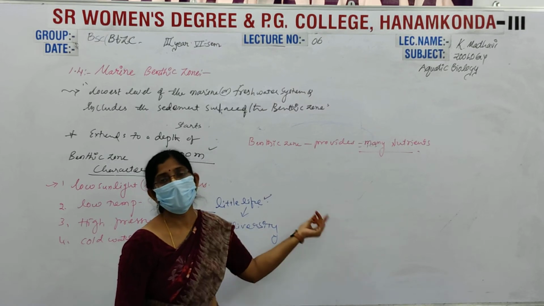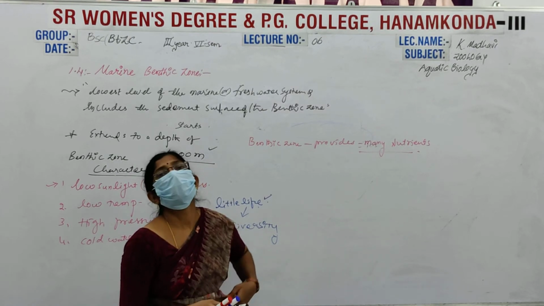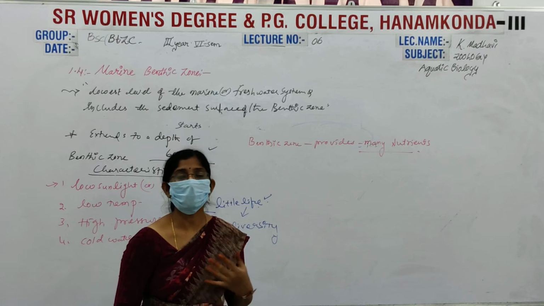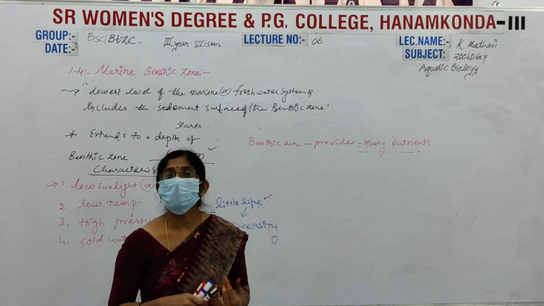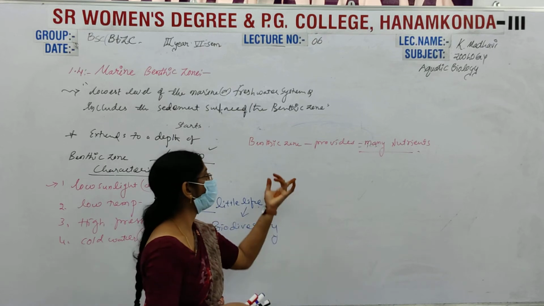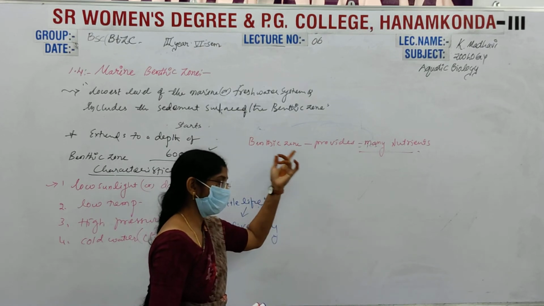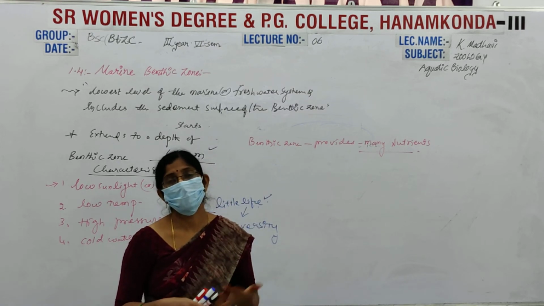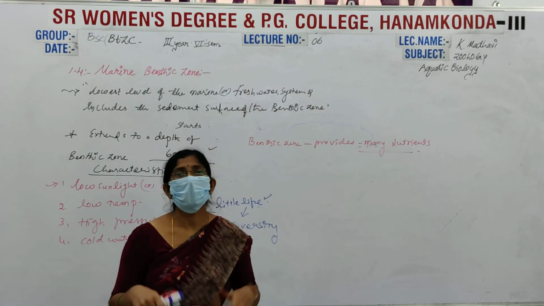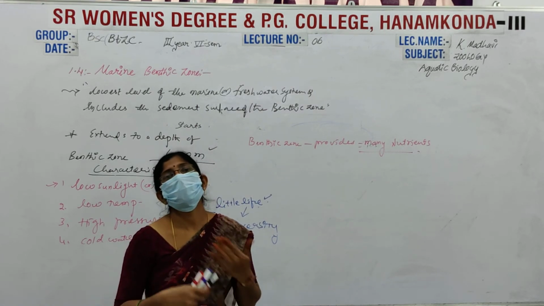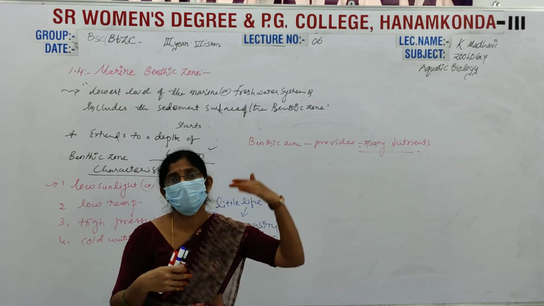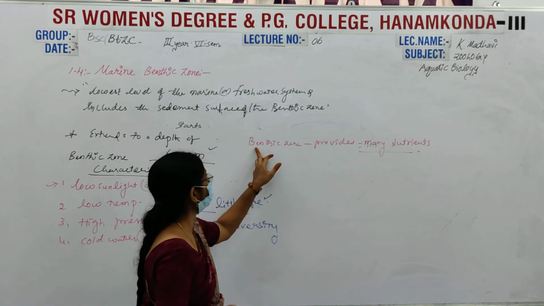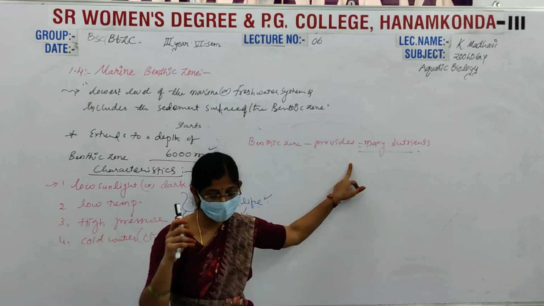At the bottom live the decomposers, the scavengers, that is bacteria and some fungi. They perform their actions, and the decomposing bodies completely decay, and the nitrates, phosphates and calcium are deposited on the bottom, and some dissolve in the water, slowly come up and mingle with the water. That's why the benthic zone provides many nutrients.